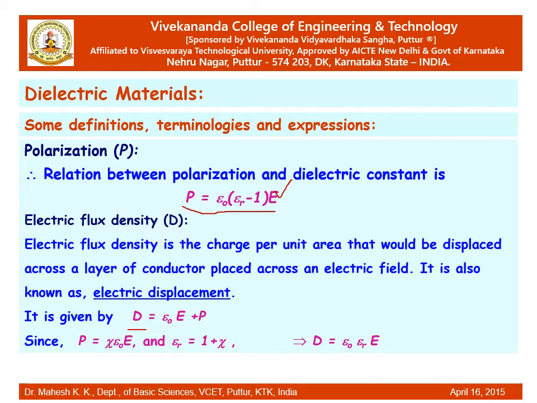D is equal to epsilon naught E plus P. Now since P is equal to chi epsilon naught E and epsilon r is equal to 1 plus chi, then D is equal to epsilon naught into epsilon r into capital E.